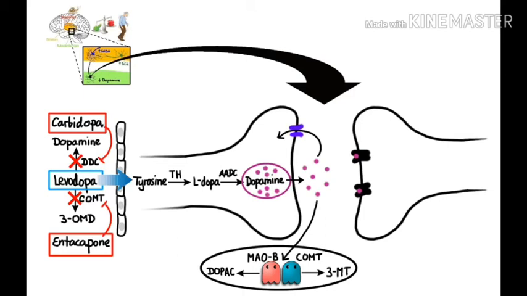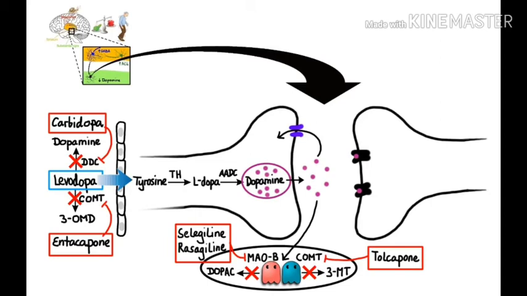So here another useful drugs come into play, namely selegiline and rasagiline, which selectively inhibit MAOB, and tolcapone, which inhibits COMT. As a side note here, in comparison to entacapone, tolcapone can better penetrate the blood-brain barrier and thus can act both in the central nervous system and in the periphery. So again, as you can see, by decreasing the metabolism of dopamine, these drugs help to increase dopamine levels in the brain.